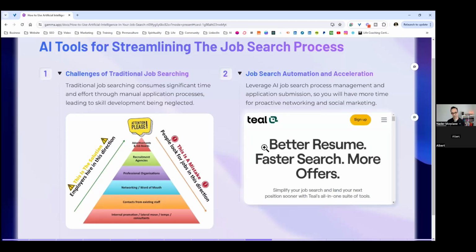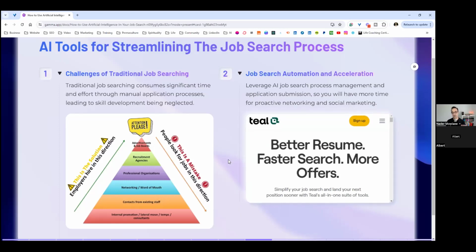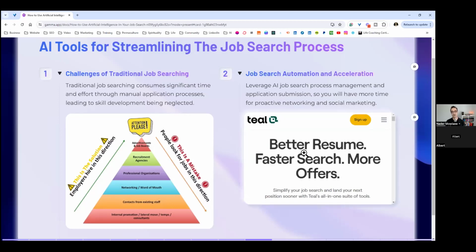I was referred to Teal, and I doubt it's going to change because they're industry leading, they have good funding, and they have a good team behind them. I hope it doesn't change because they're my favorite, user friendly. But right now, it's Teal.